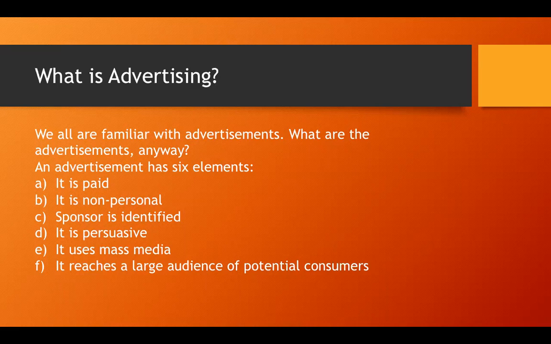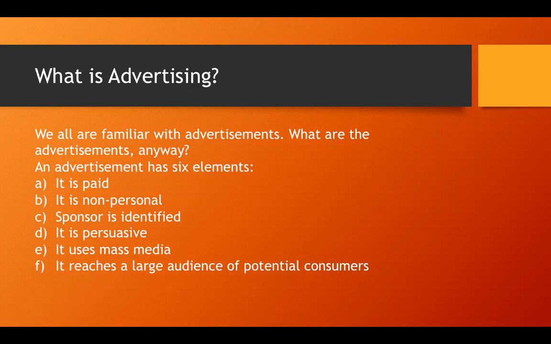For example, if I use Zong cellular service and I see an advertisement related to Jazz cellular service or Mobilink, that advertisement's objective is to influence my choices, and that is what I mean. So advertisement always is a persuasive form of communication. They essentially aim at influencing people's actions.